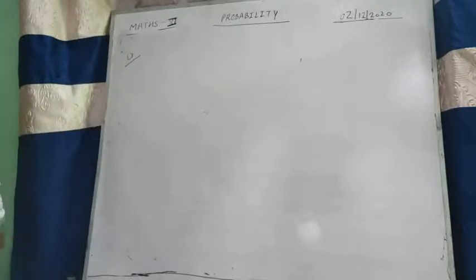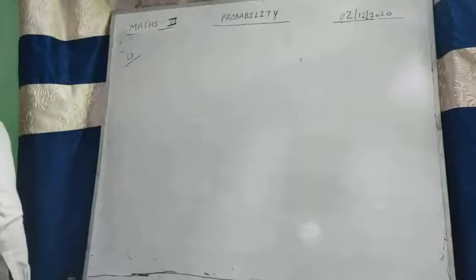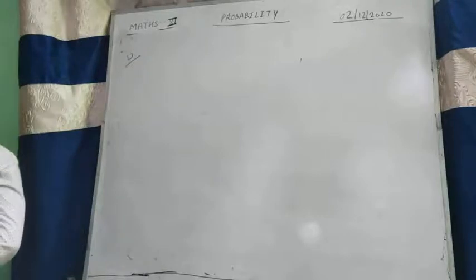The question says that the numbers 1, 2, 3 and 4 are written separately on 4 slips of paper. The slips are then put in a box and mixed thoroughly. A person draws 2 slips from the box, one after the other, without replacement.